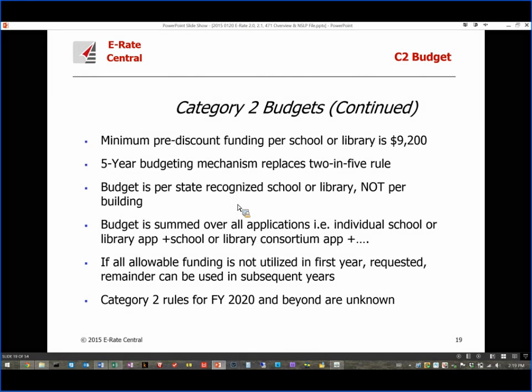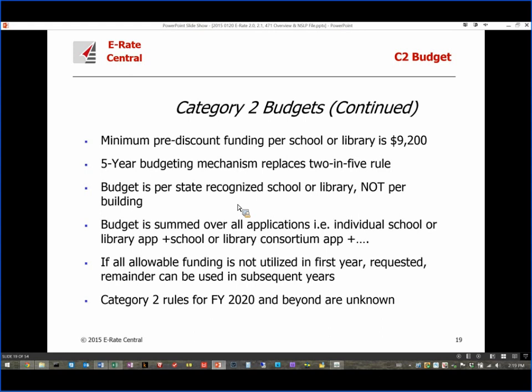The budget is allocated per school or per library. It's not per building, and there's been some confusion on that. The budget is also summed up over all the applications, so it's possible that an individual school or a district along with a consortium might apply, or a library and a library consortium might apply and actually include the same entity on those applications.